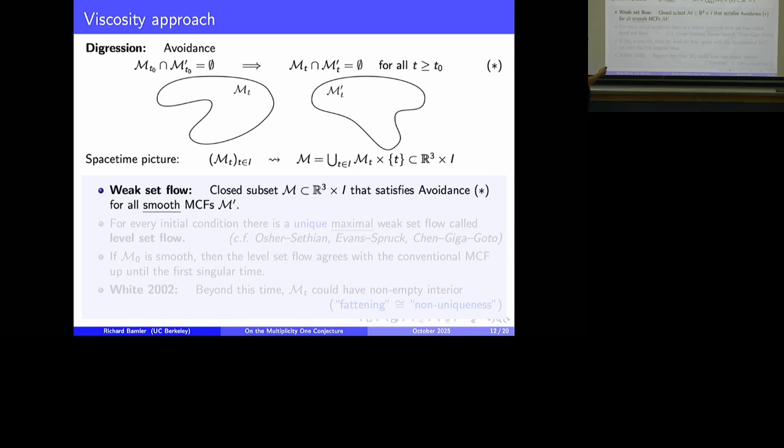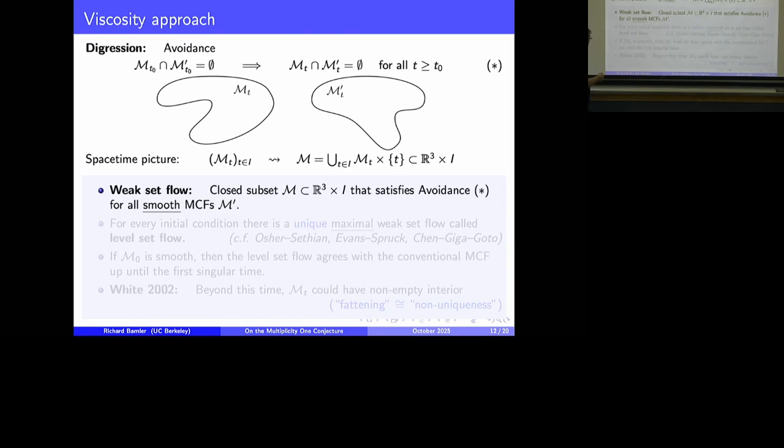So a weak set flow is now just a closed subset. It may not even be a space-time track of some smooth family of surfaces. It's just a closed subset of space-time that satisfies this avoidance principle for all other smooth mean curvature flows. Okay? So this definitely includes mean curvature flows, and it's somehow true for any initial condition, or it even makes sense in a singular case.